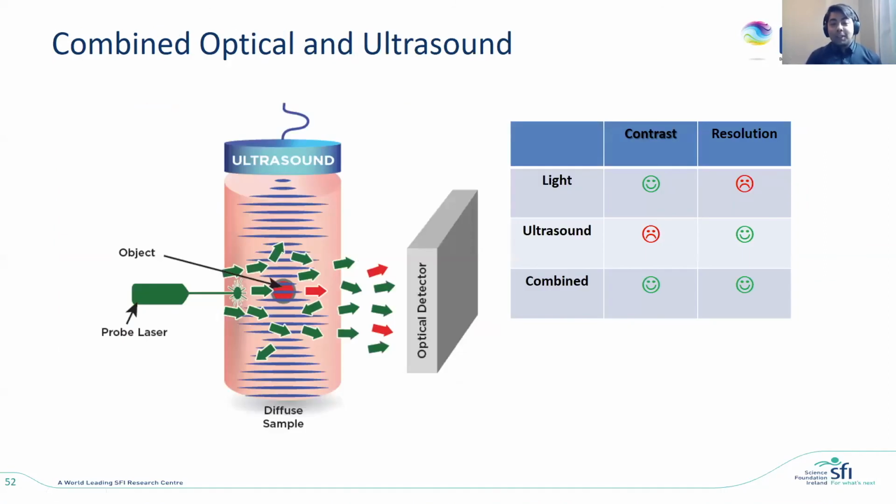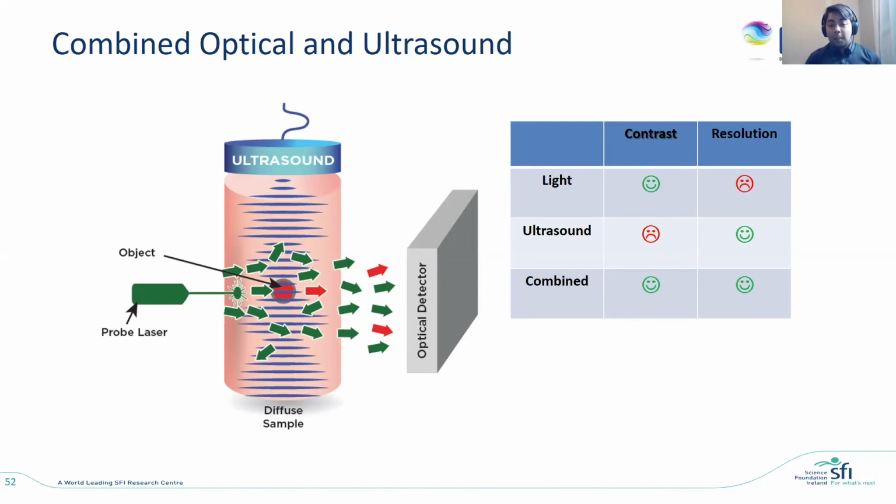One way that we could do that would be combining optics with ultrasound, and this would combine the contrast that we have with light-based techniques, the contrast that is provided by looking at the biomolecule profile of the tissues, the differences in biomolecular composition, and the deep resolution in tissues that ultrasound brings to the field.